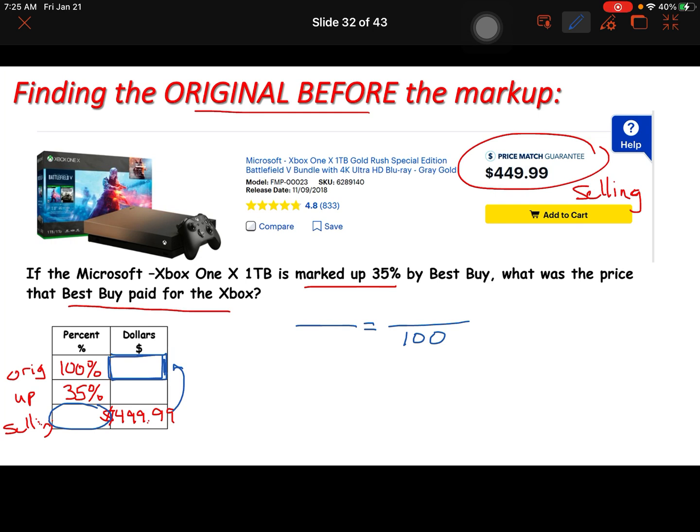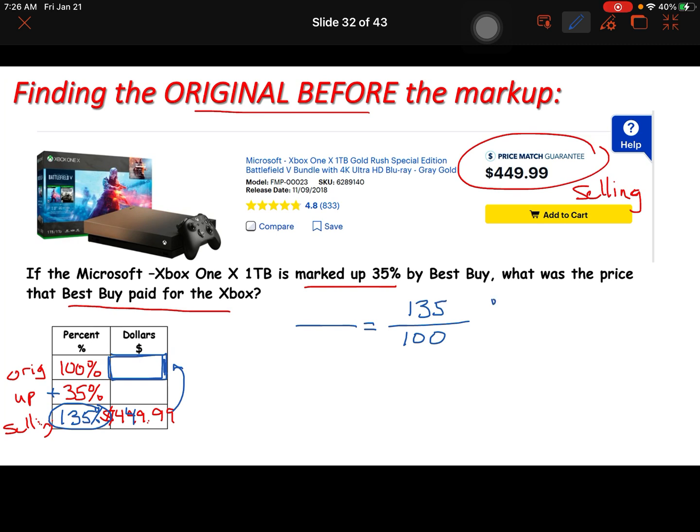With a markup, unlike a discount, a markup is just like tax, a markup is just like tip. You add the percents, so the $449.99 is 135% of what Best Buy paid.